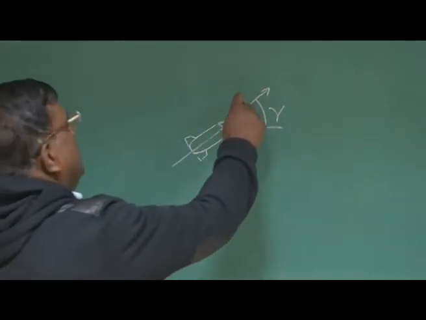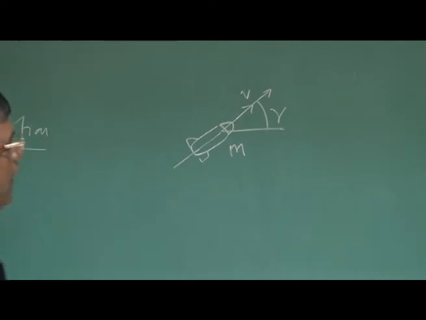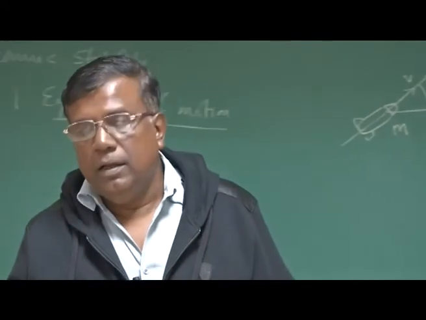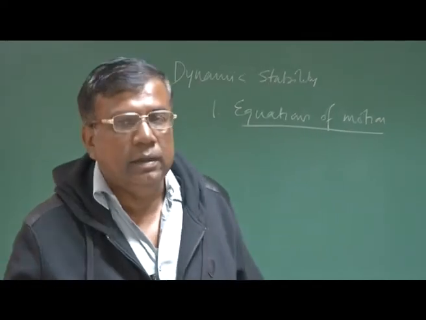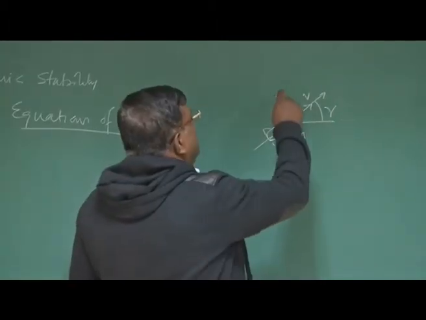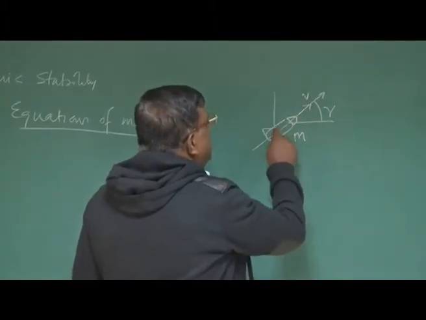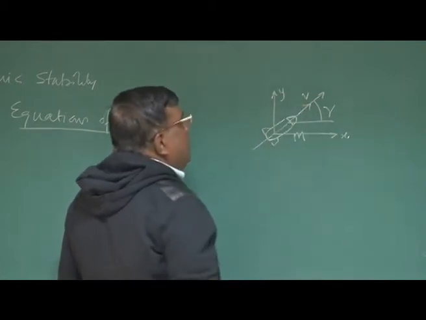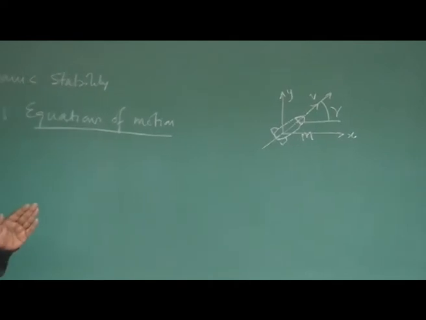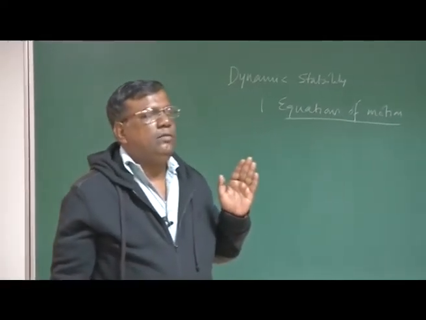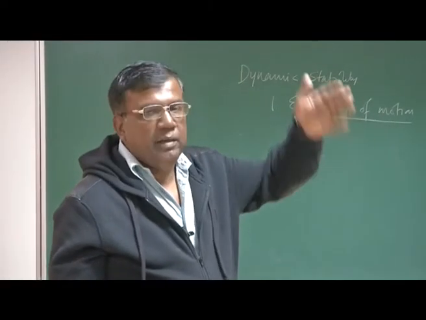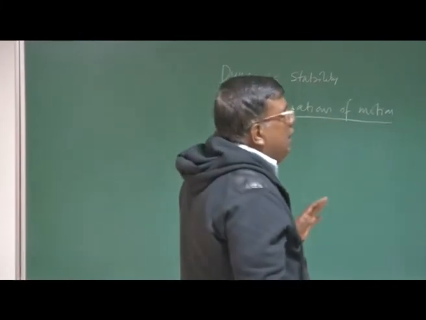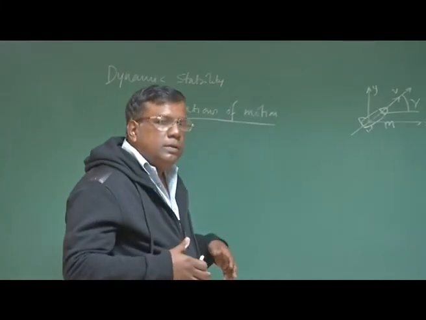This is the velocity vector, and we want to write the equation of motion. That means we want to know how its position is changing and how its velocity, its speed, is changing. What we do is fix some coordinate system x, y. I am thinking of, let's say, a simple planar trajectory, that is, assuming that the projectile is confined to the vertical plane. This example is just to illustrate how to start thinking.